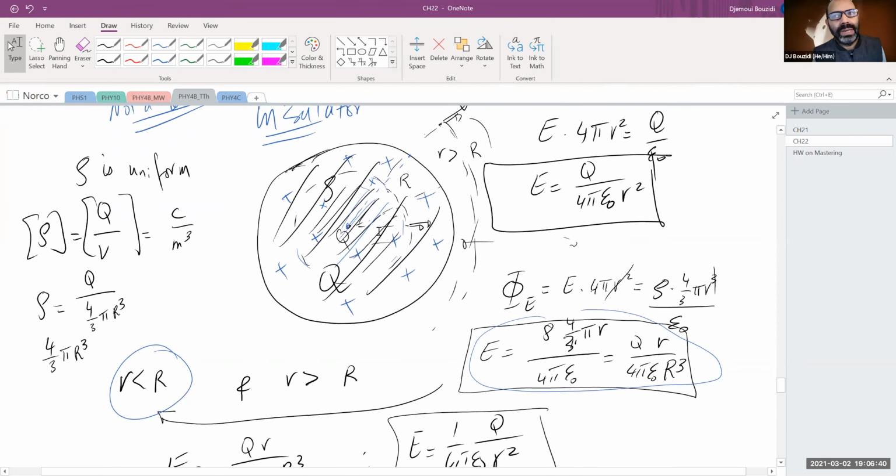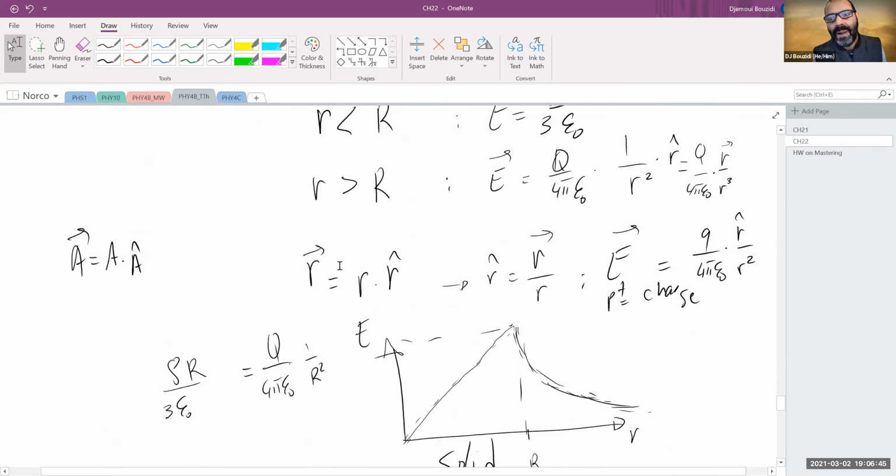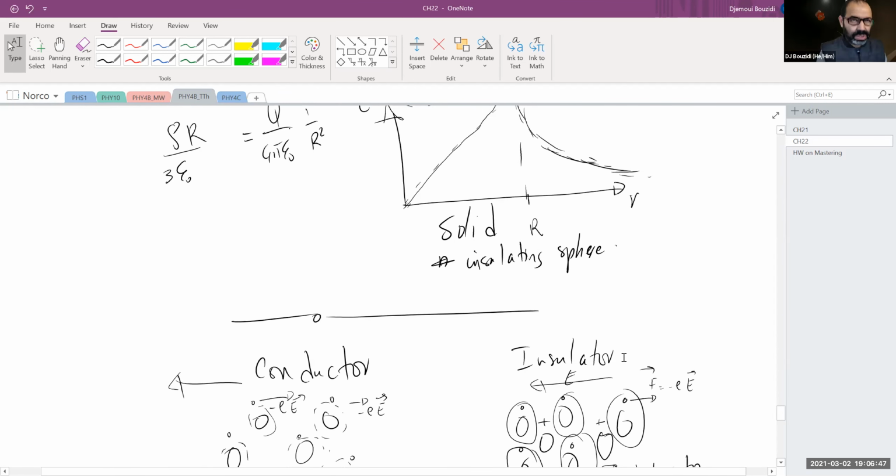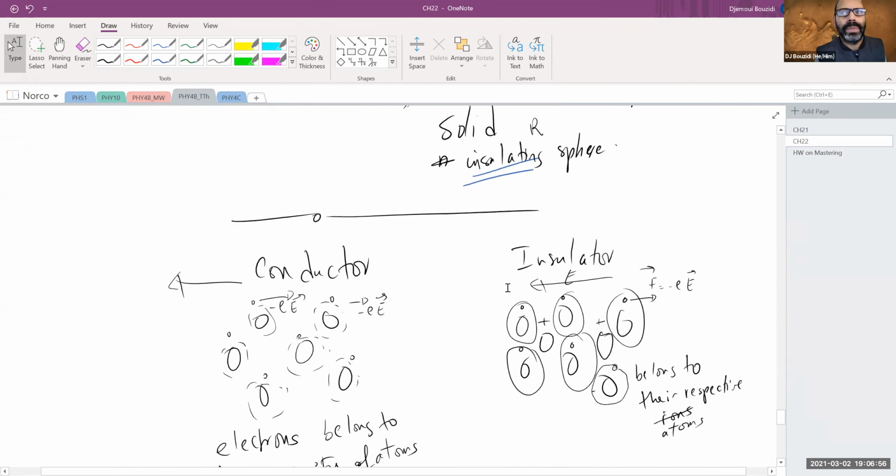So the only reason why we ended up with a non-zero value is because I'm making the assumption that this is an insulating sphere. So I made an emphasis on it so that you guys know that. And we'll be dealing with conductors and insulators in this class. So that's why it's important to understand that, okay?